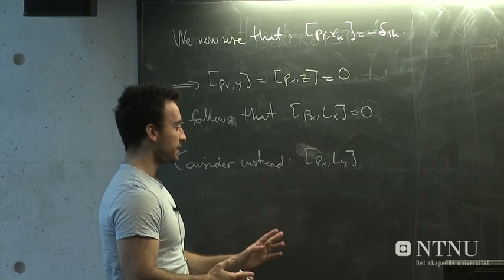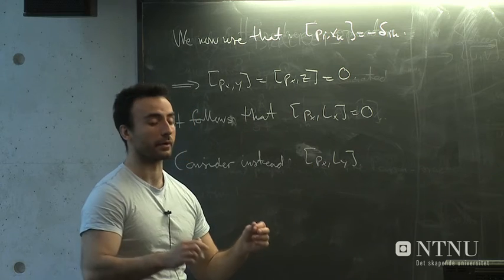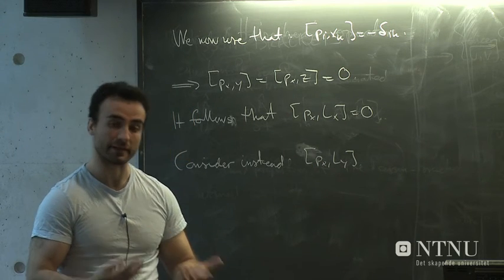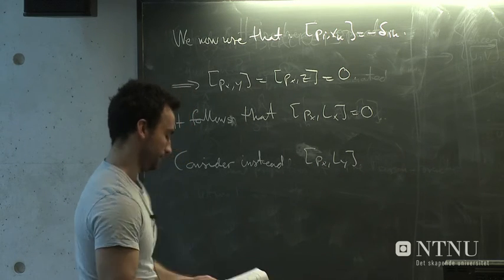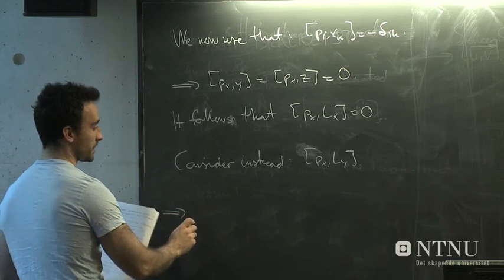So motivated by this, consider instead the Poisson brackets between p and l, where you now have different components. So let's see if this differs from 0. So I proceed in the same way.